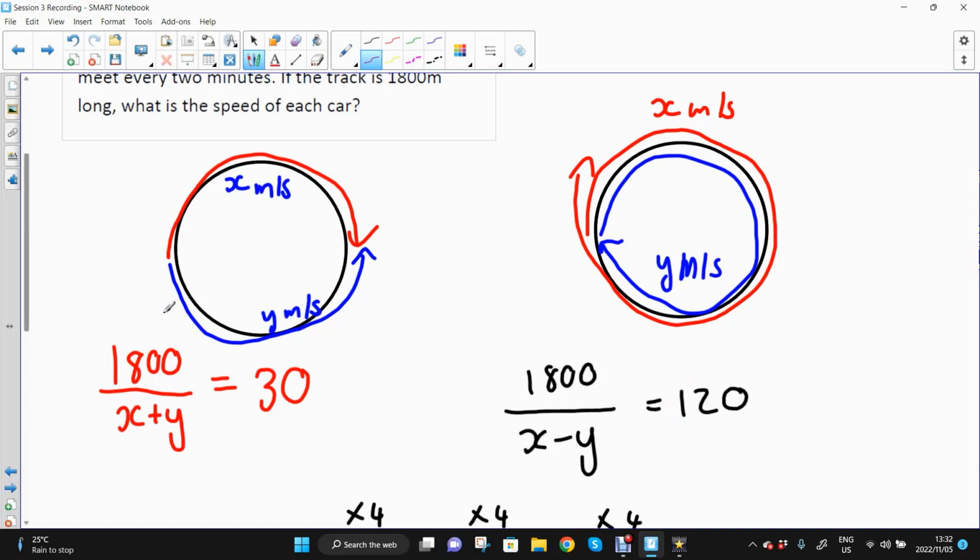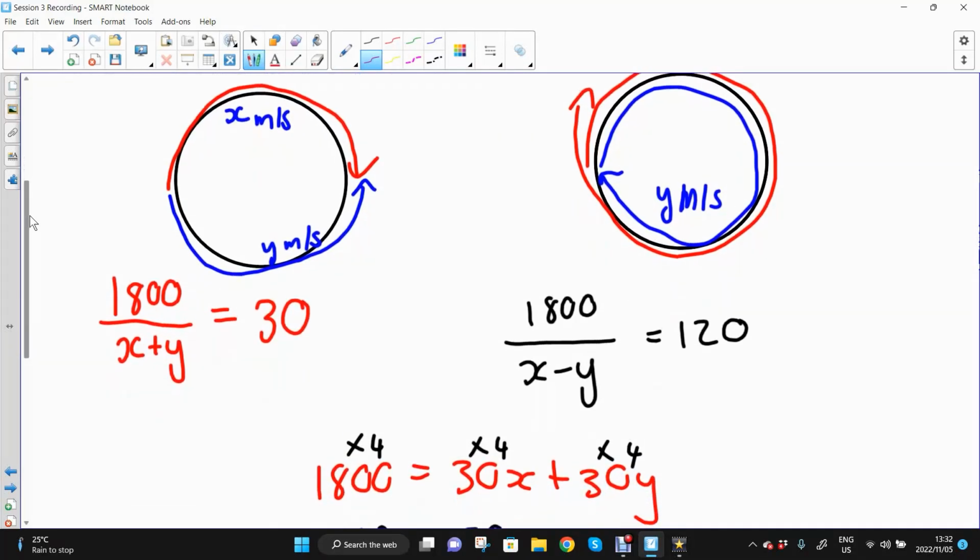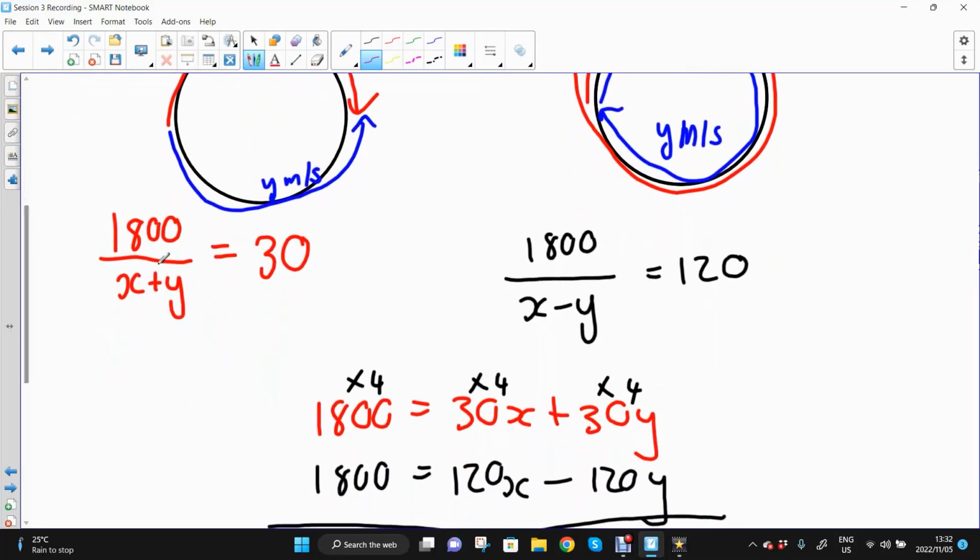And now we need to solve these two equations simultaneously. You have not done this in your syllabus yet, but this is just a slight substitution. It's not a very hard calculation to do. So to show you how we do this in the easiest possible way, we firstly take this denominator here and we times it to the right hand side.